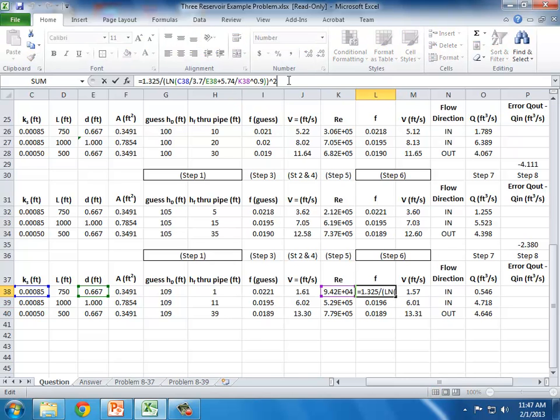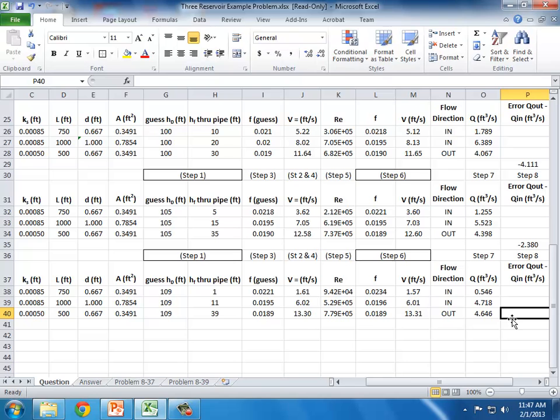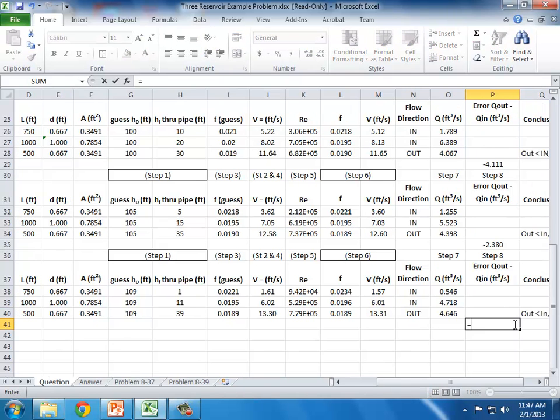These F values are calculating an improved F based on the new Reynolds number it's picking up. So let's find out the flow balance. The out minus both of the ins. Negative. So still, it needs to go higher.